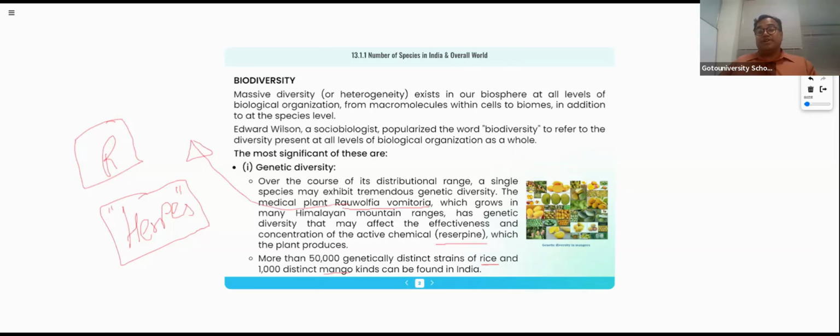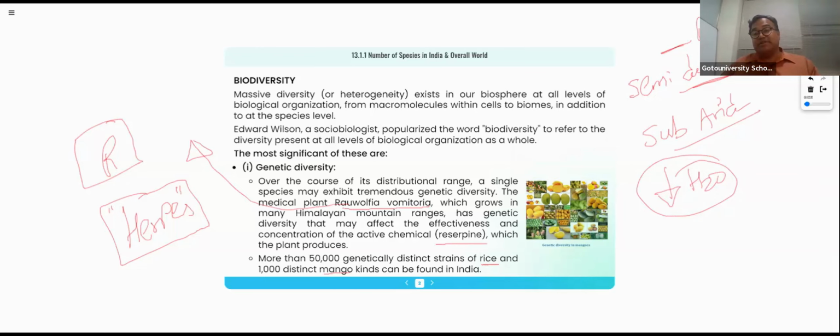This scientist made a classic semi-dwarf rice variety, which grows very nicely in the subarid area. Subarid, what do you mean by that? Less amount of water. In areas with less water, this semi-dwarf rice variety grows very nicely. This is the way you remember the concept in detail.